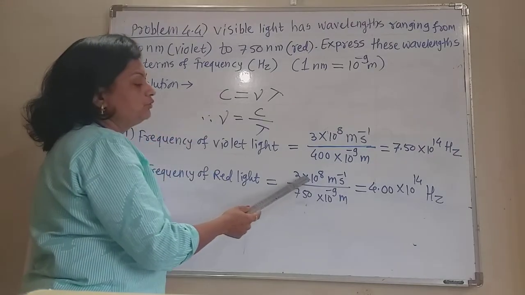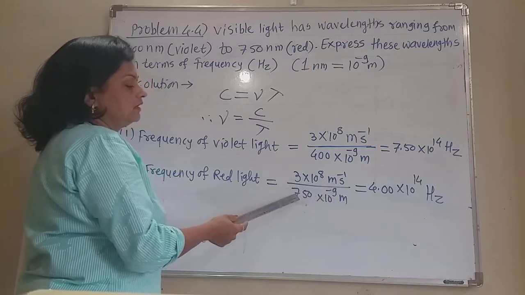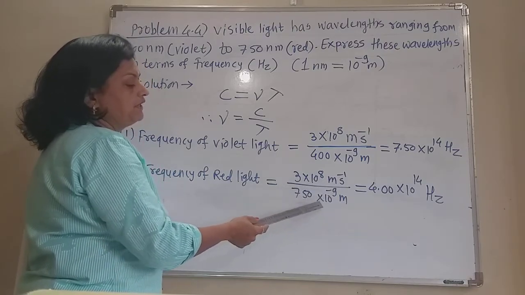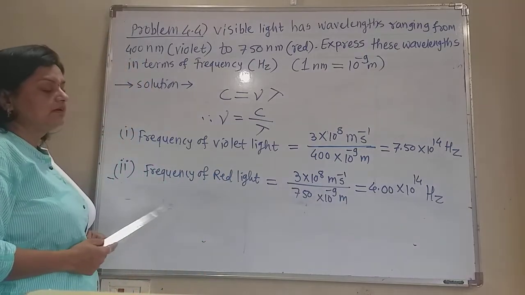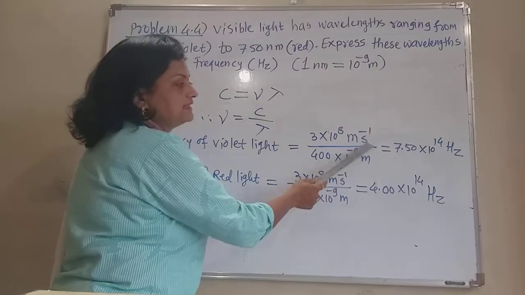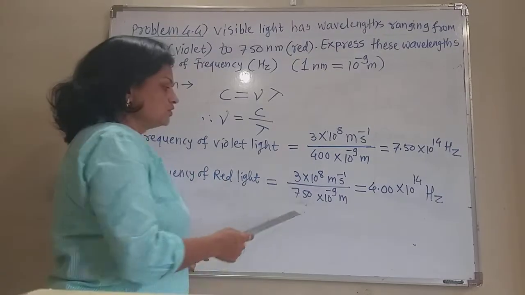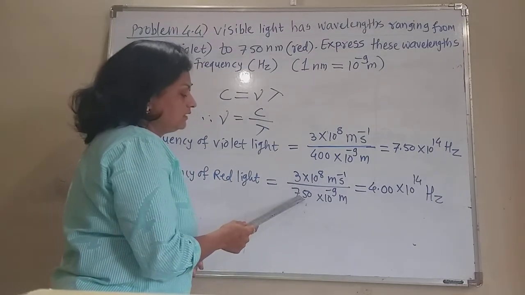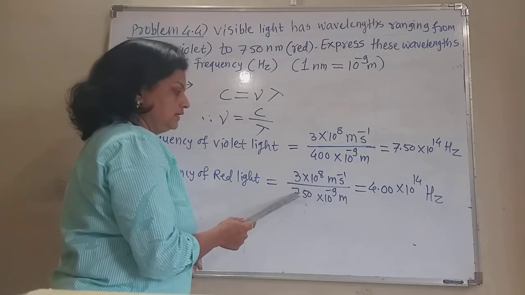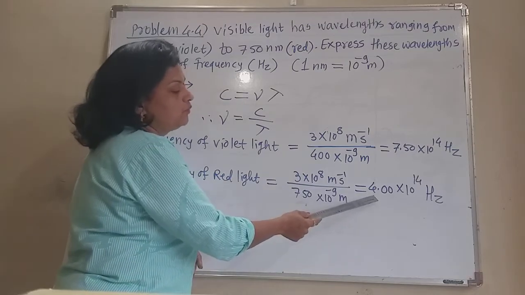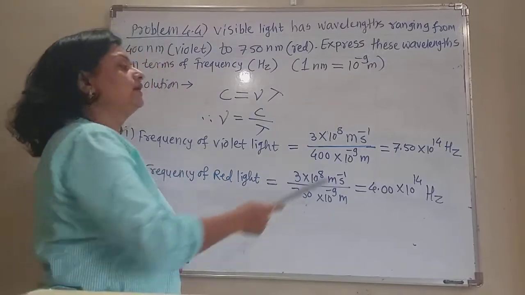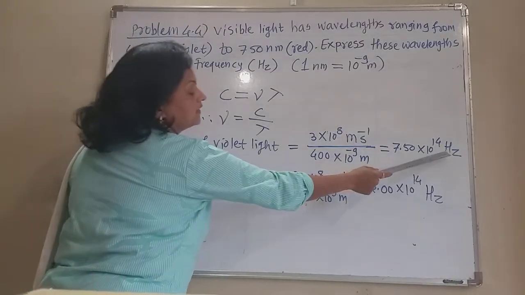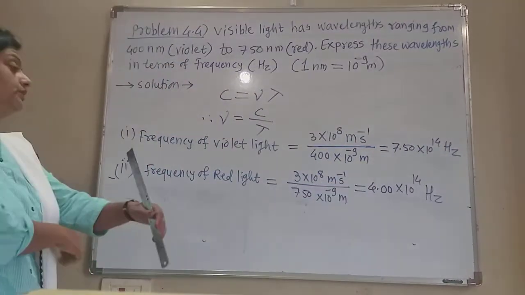So 3 × 10^8 meter per second divided by 750 × 10^-9 meter. The meter gets cancelled, and per second means hertz. After dividing these two numbers, we obtain 4.00 × 10^14 hertz.